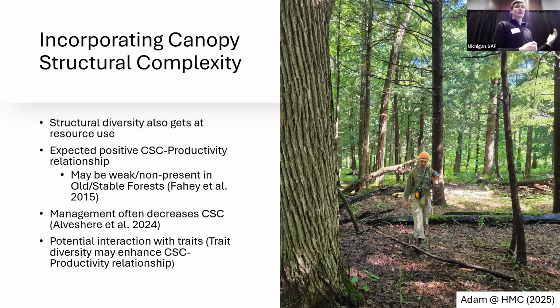There's also a potential interaction between traits and these structural diversity metrics, where the right traits are able to get to the right place because the canopies are so complex. So you may need a combination of trait diversity and structural complexity to get these kind of over-yielding, higher productivity situations.